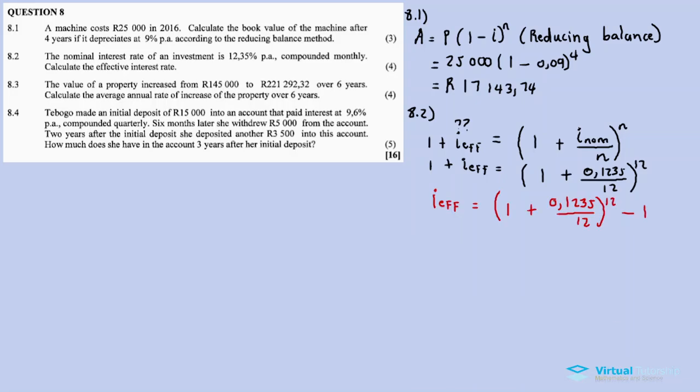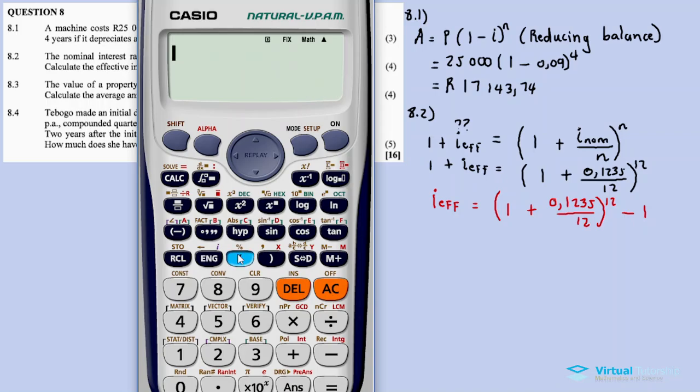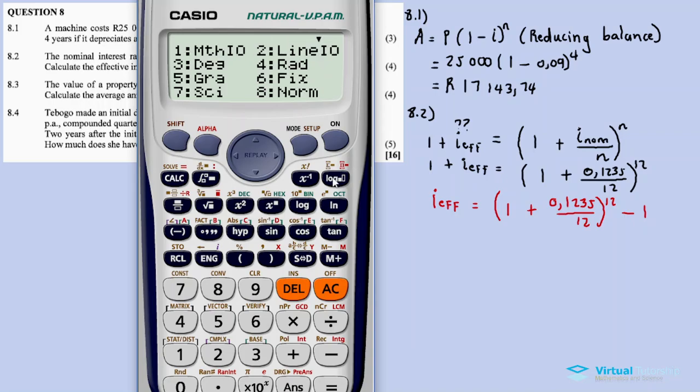So let us calculate 1 plus 0.1235 divided by 12, close bracket, raised to exponent 12, minus 1, equals.